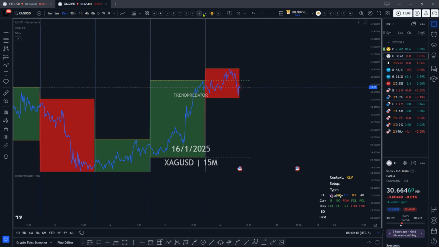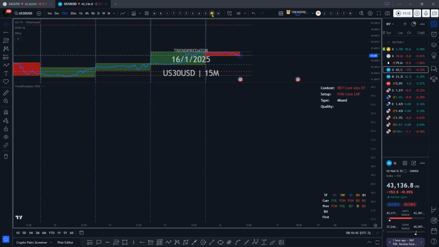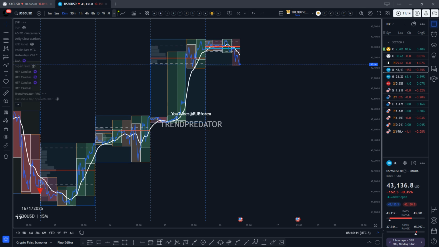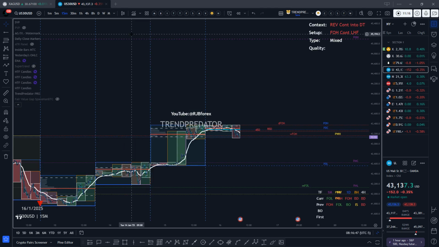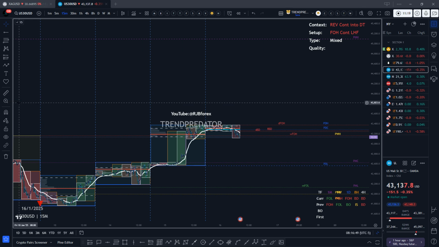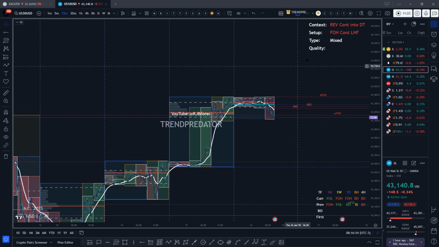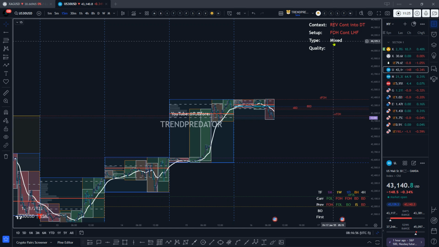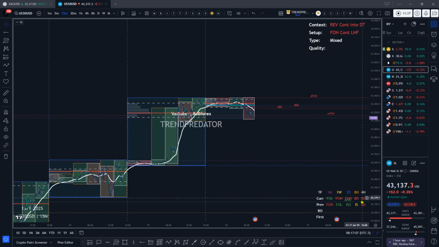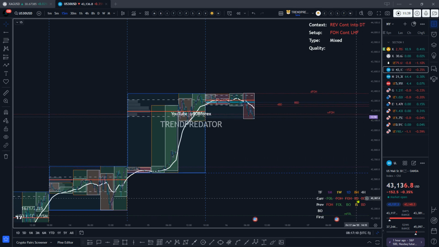Let's have a look on the TrendPredator template, and we'll have a look on a candlestick chart. So the indicator is giving us a mixed bias because we're still bullish on the monthly chart, even though we're bearish on the weekly and daily. Currently, the 8 hour and 4 hour chart is also bearish.